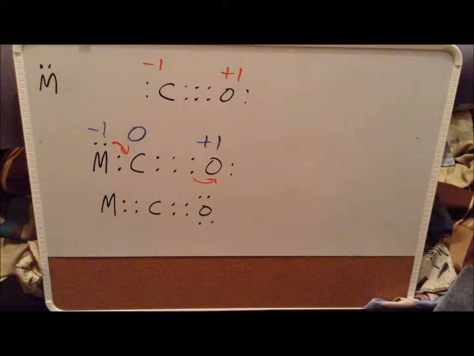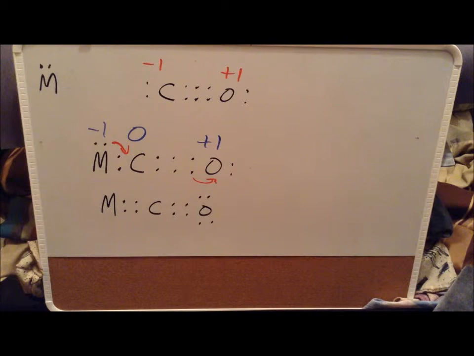So if we do that, then to keep the octet rule for the carbon and oxygen, the bond order here has to be reduced from a triple bond to a double bond. And we see experimental evidence in IR spectroscopy that this is exactly one of the things that occurs. It goes by the name of back donation or back bonding.